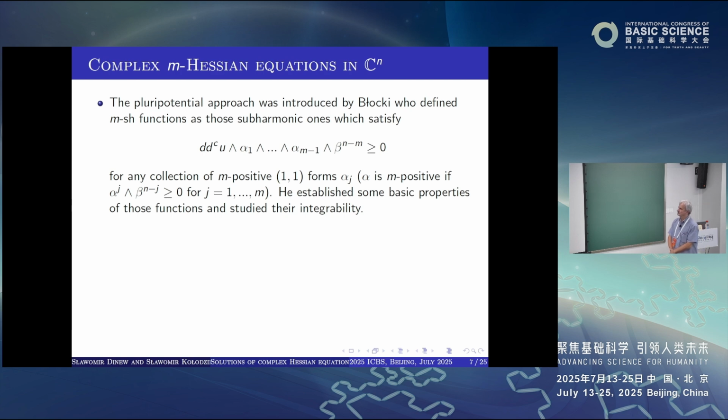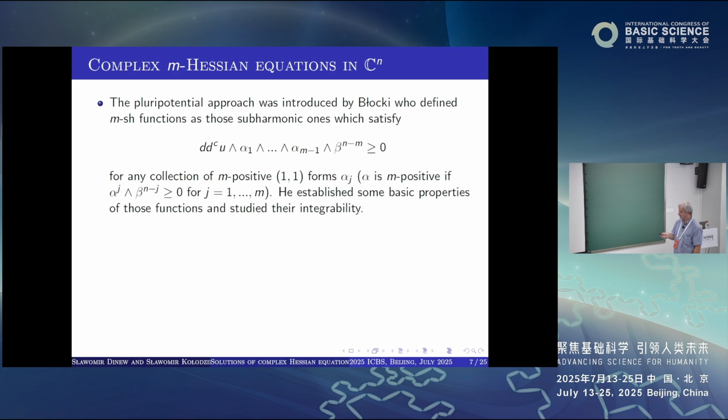Later, Błocki started to study weak solutions of m-Hessian equations. So far, we have defined m-subharmonic functions for C2 smooth functions. If you want to deal with weak solutions, you have to relax this smoothness assumption because all m-subharmonic functions are in particular subharmonic, so they are a priori only upper semi-continuous.